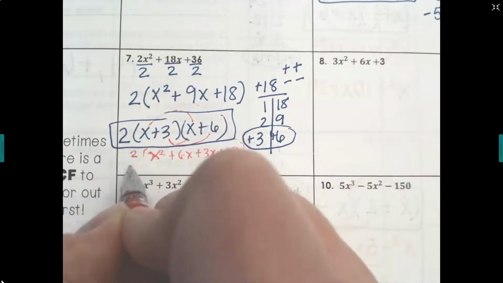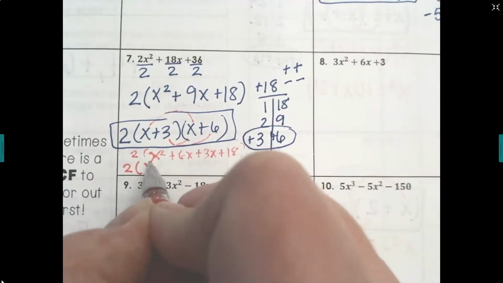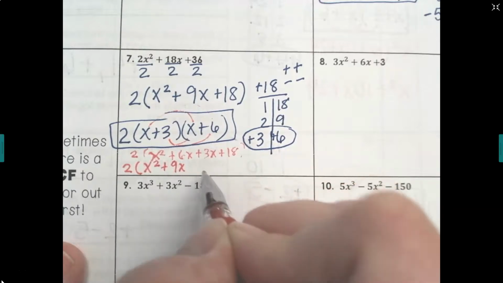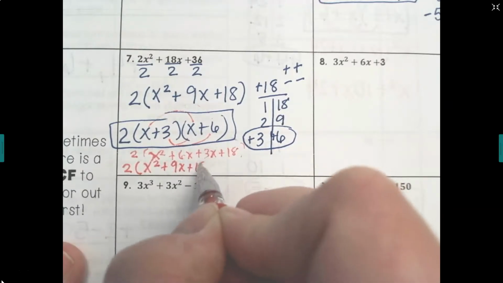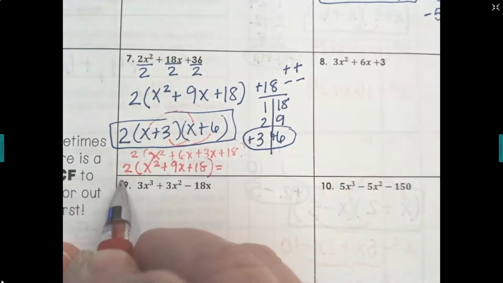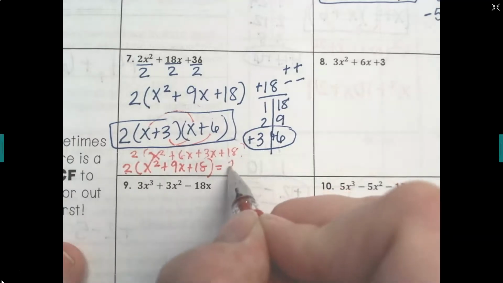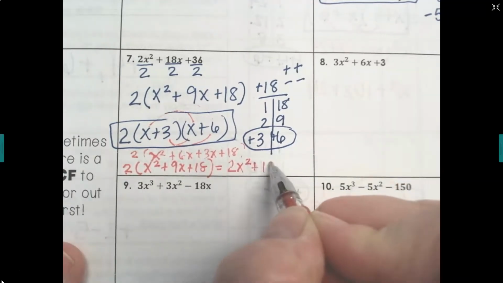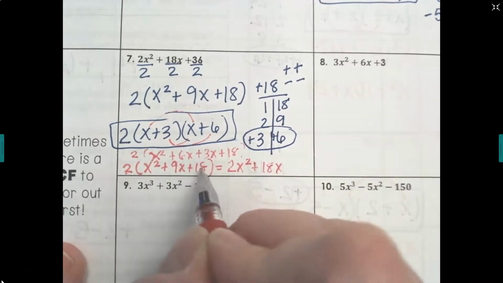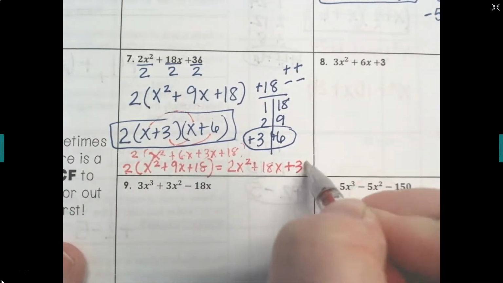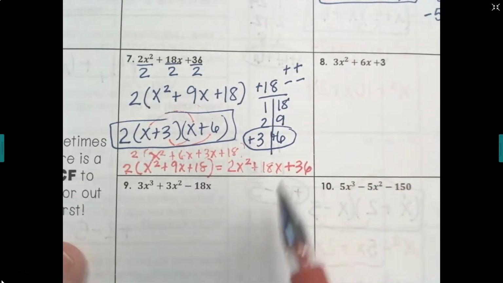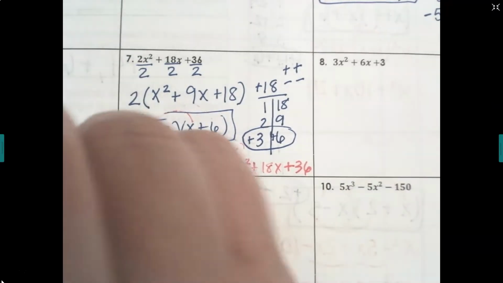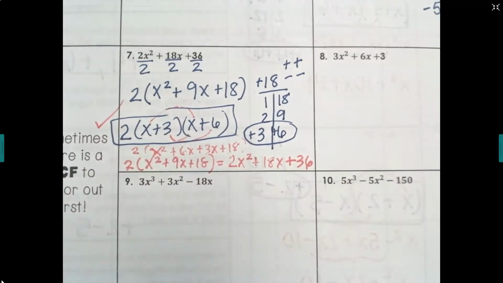So I get 2 times (x squared plus 9x plus 18). And if I distribute it, 2 times x squared is 2x squared. 2 times 9x is 18x. And 2 times 18 is 36. This is exactly what we started with at the beginning, so we factored this correctly.